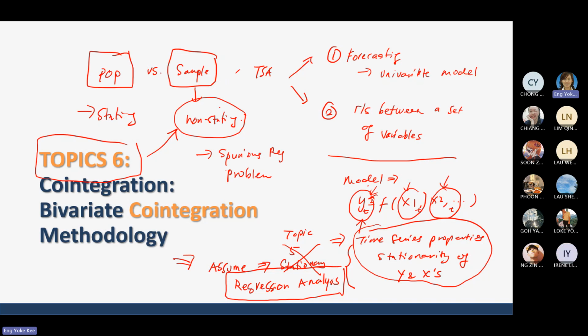So we ask what happens when, in practice, we study a relationship between, let's say, X and Y, and we figure out that our sample data do not fulfill what the assumption requires, which is stationarity. This is pretty common when you look at your data.